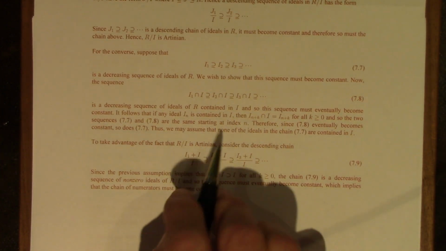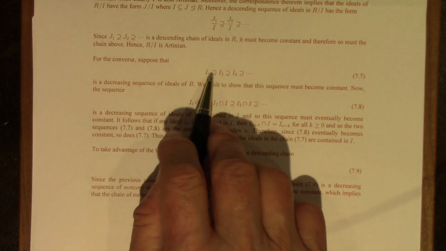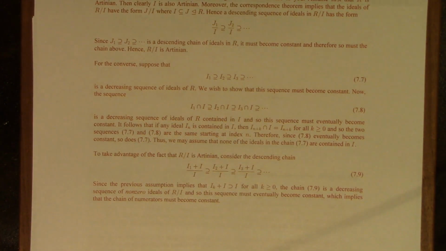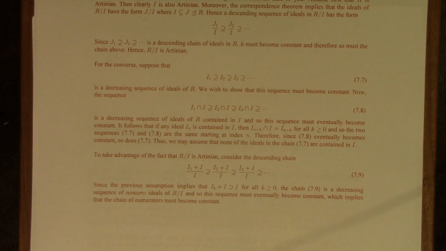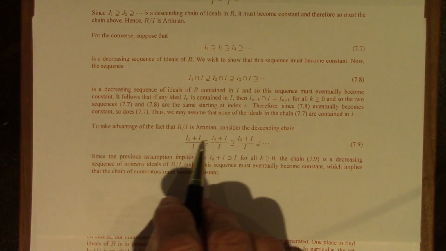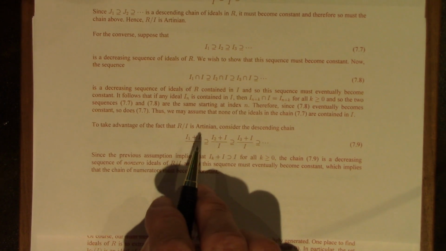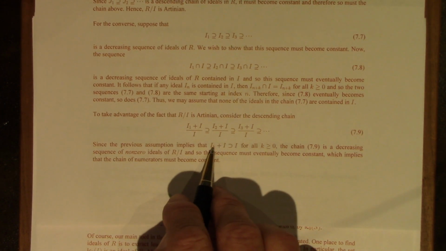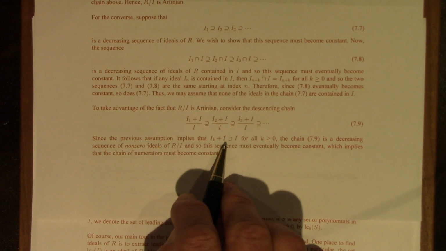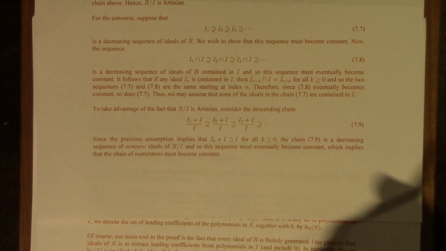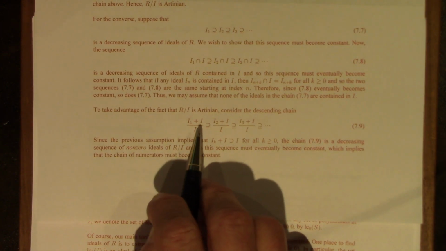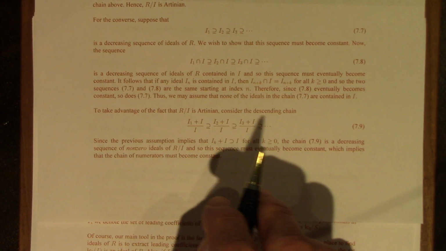So we can assume that none of the ideals in this chain are contained in I. Now we can look at this sequence of quotients. And because of this assumption, this chain is a decreasing sequence of non-zero ideals.